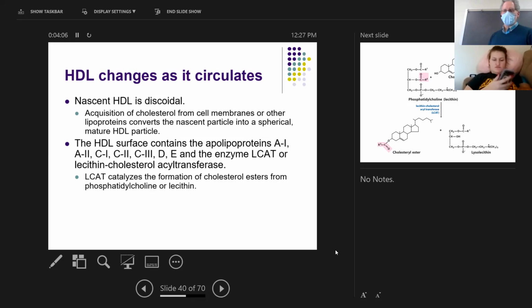Okay, we'll get started. We were talking about high density lipoprotein particles. So high density lipoprotein particles, again, are made by the liver and also by the enterocytes of the small intestine.